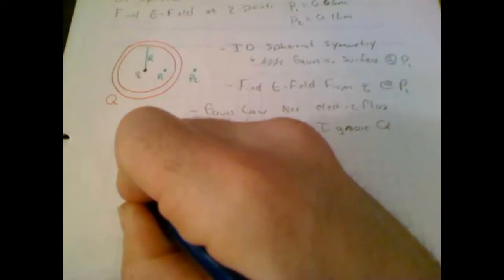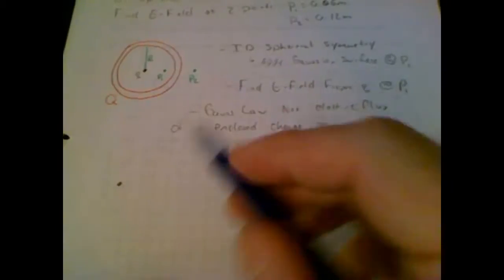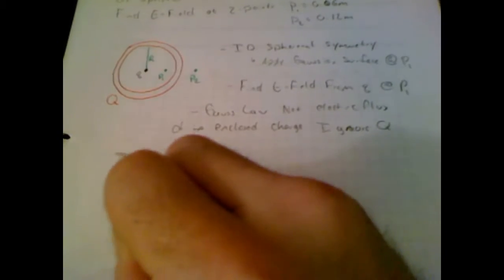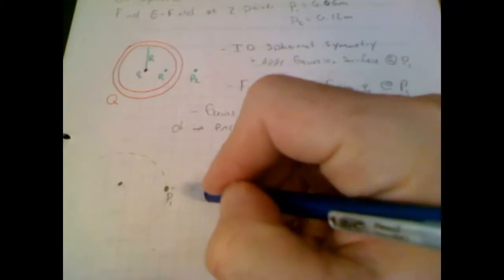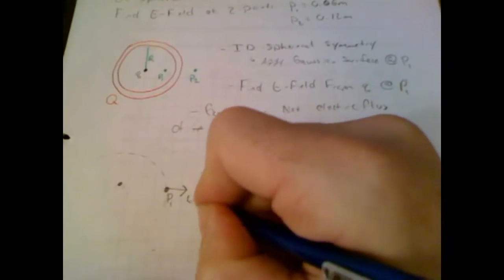So I'm going to place q right there. I'm going to imagine some Gaussian surface. I'm going to put point P right on that Gaussian surface. That's point P1. So now this is my enclosed charge. And I know I have an electric flux.